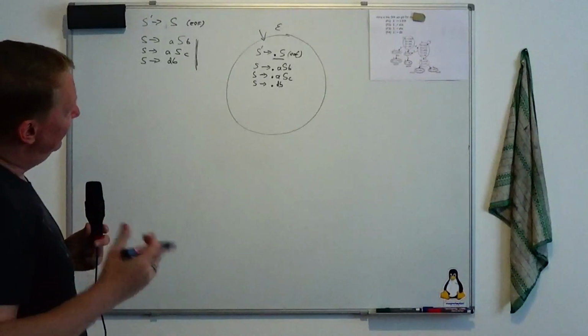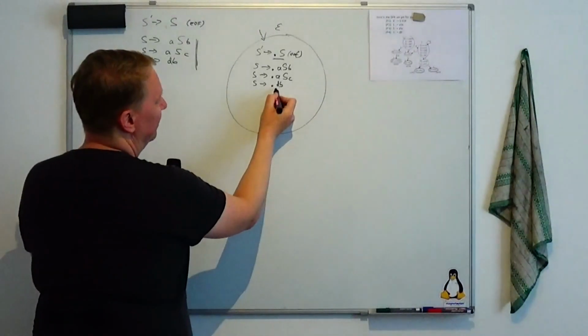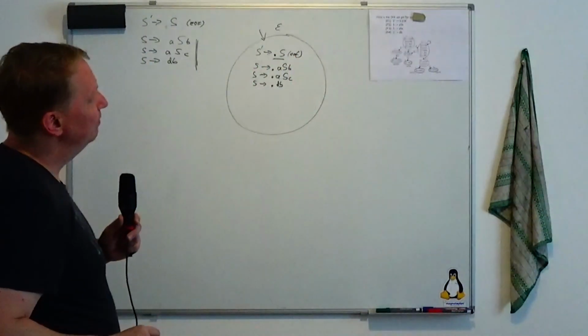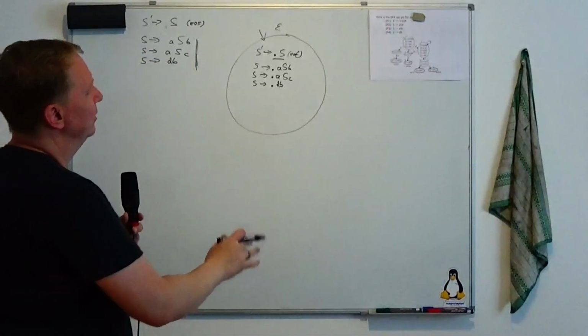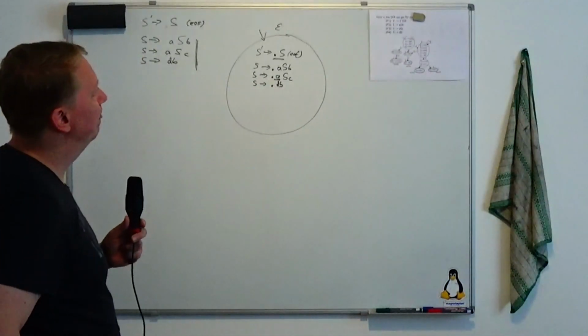And now the next step is for everything that is on the right of one of the points here, we need to create a new state and a transition using that symbol.